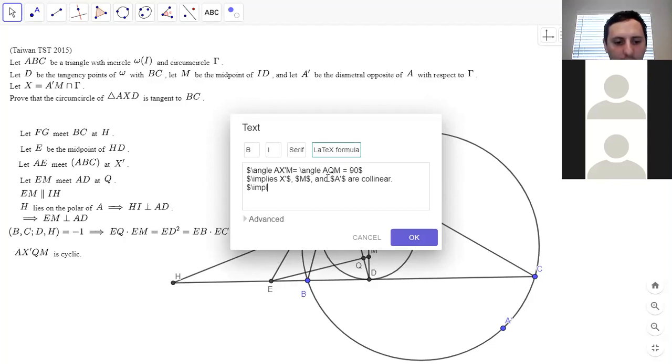And that means that X prime equals X. So basically that means ED squared is equal to EX times EA.